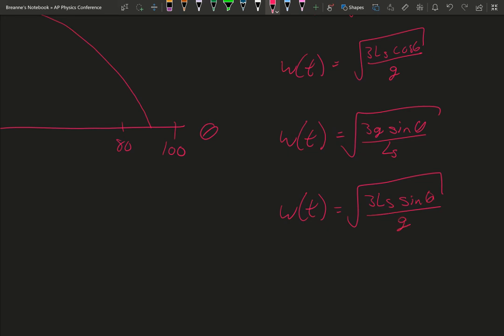You're supposed to justify your answer, what makes sense with the graph.